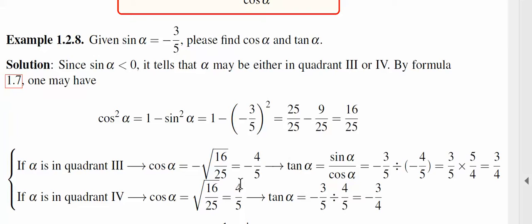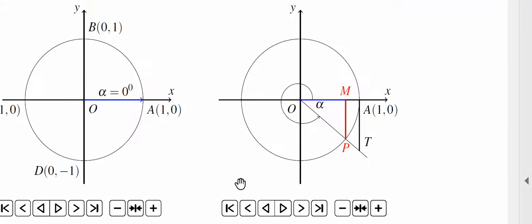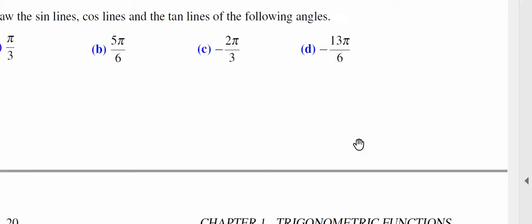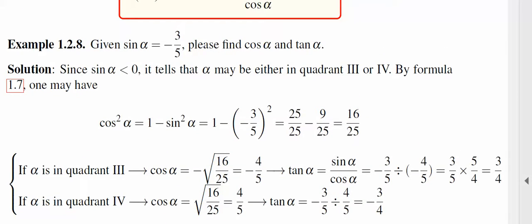Recall what we learned before in the definition: this point P is in the fourth quadrant, so OM, the cosine line, is positive. So that's how we complete this example. Okay, I'll see you next time.